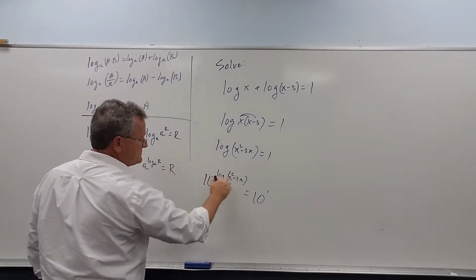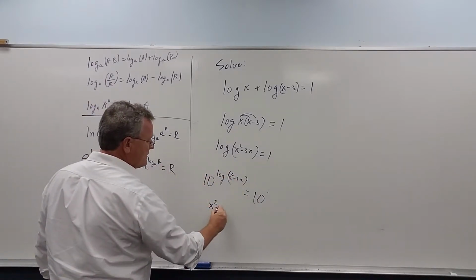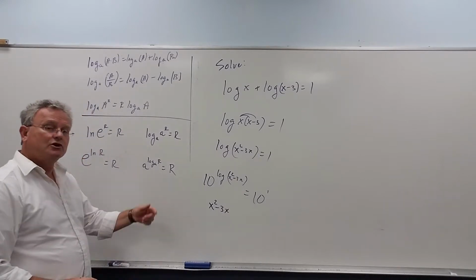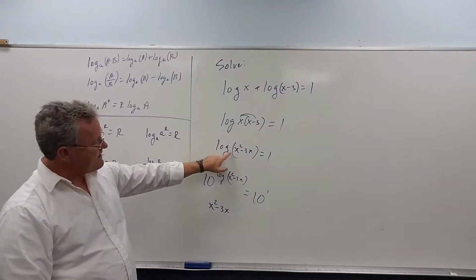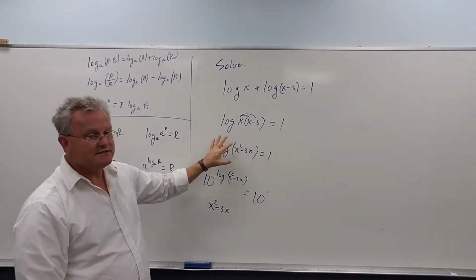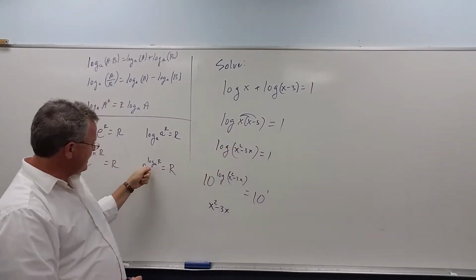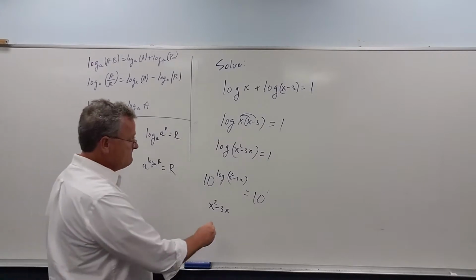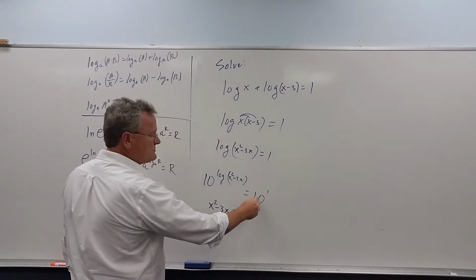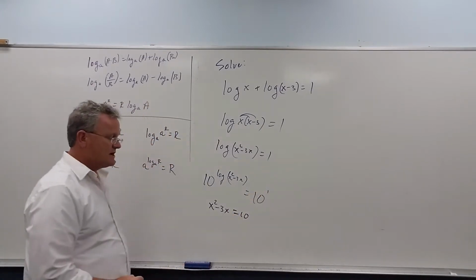So that's the reason why, whatever that base is, you want to raise the base to the power of each side, because of this property. On the right side, 10 to the first power is 10.